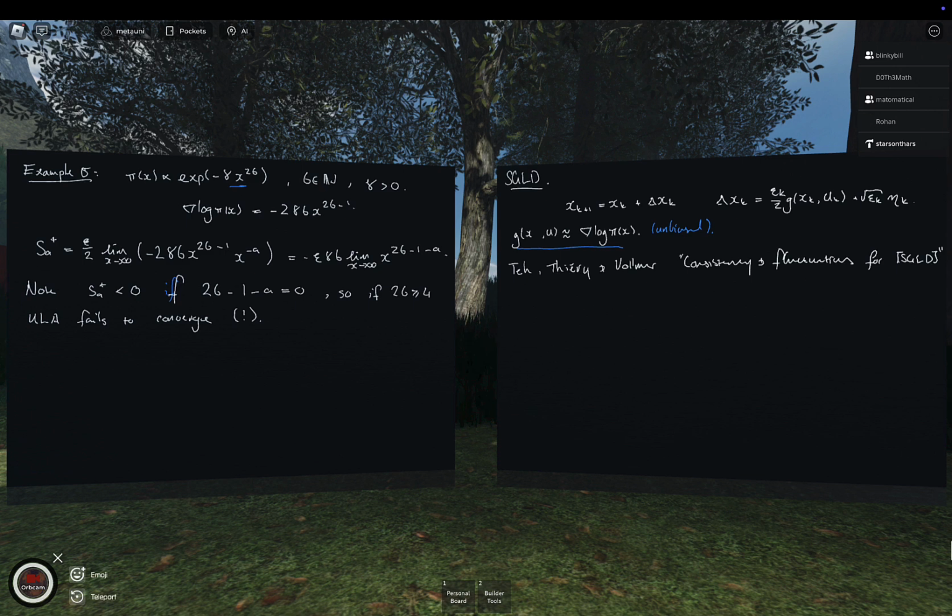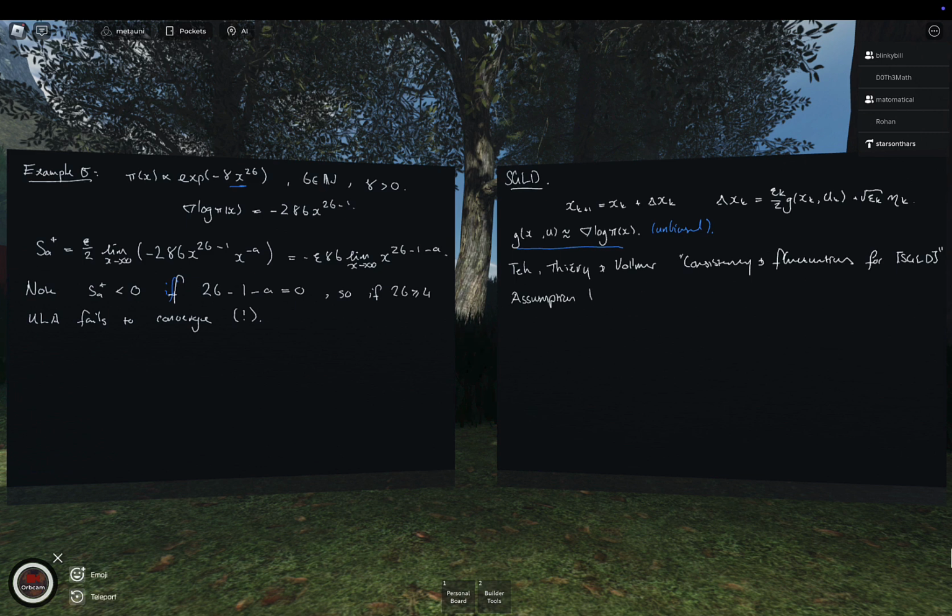There's some follow-up work looking at, for a given fixed step size, if all of these conditions hold, how close can you get to estimating accurately? But in this one, where they actually show convergence, it requires a decreasing sequence of step sizes. So let's put their assumptions up on the board.